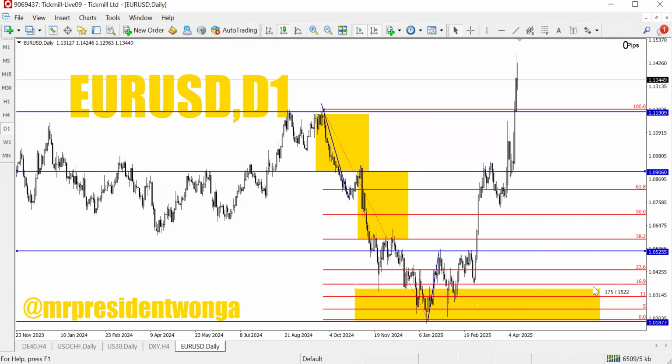So once again, we saw this big breakout towards that level. This big breakout, a big move, and another move. It just broke above those levels.